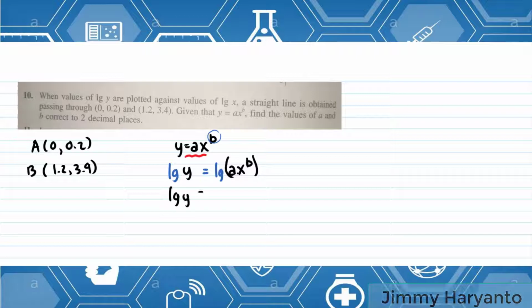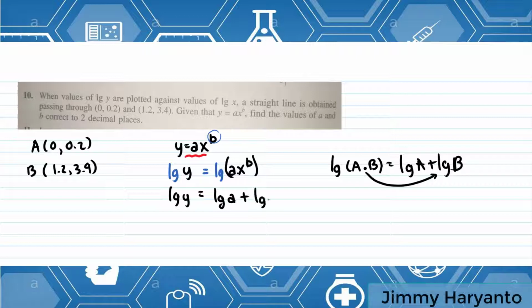The left side is the same, lgy. For the right side, we can use logarithm properties. I have lg of a times b, which becomes lga plus lgb. Multiplication becomes plus, so this will be lga plus lgx to the power of b.